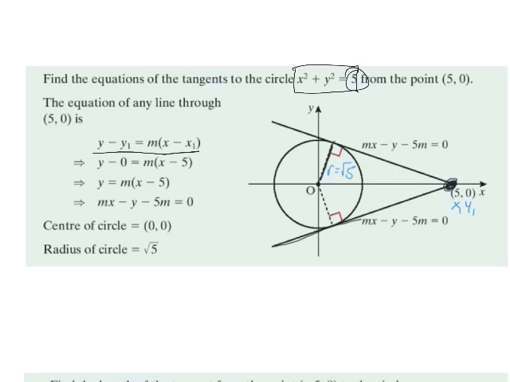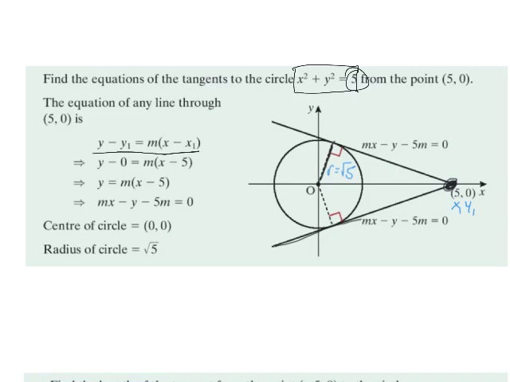So we have then y minus 0, for the y1, equals m times x minus 5. So that is just the point 5, 0 put into the equation of the line. Then we multiply it out and rearrange, and we have it in the general form mx minus y minus 5m equals 0.